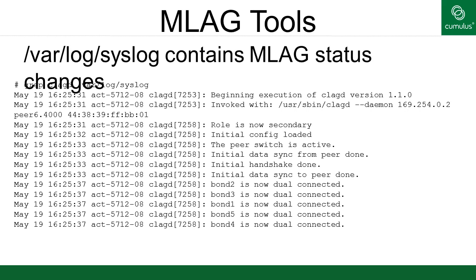I think there's a follow-up question on that. Must both switches be identical, same brand and model? Both switches don't have to be the same brand and model. They both have to be running Cumulus Linux. Something to point out here is that since there's no standard for MLAG, you can't take a switch from one vendor and a switch from another vendor and put them together in a single MLAG.